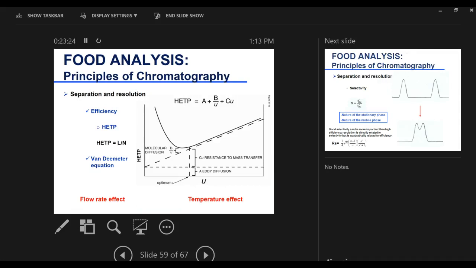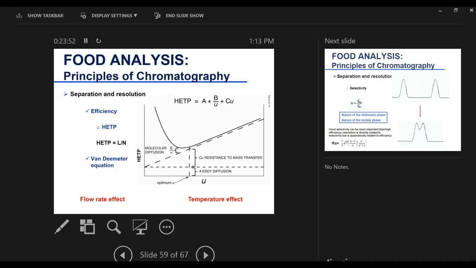Okay. So, because there is a difference in column length, we want to take into account the length of the column by just looking at the height equivalent of the theoretical plate. So we don't want to include in our equation the length of the column. We just want to look at the height of each one of those. So how do I get that?